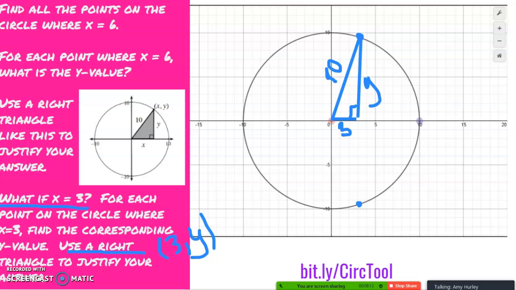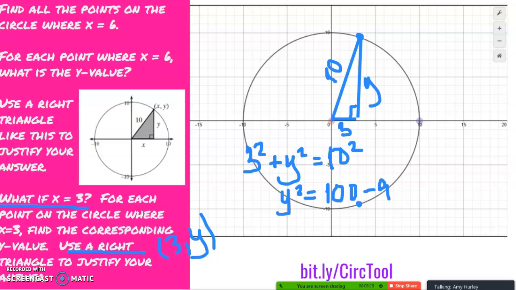So we use our Pythagorean theorem: 3 squared plus y squared equals 10 squared. So y squared equals 100 minus 9, which is 91.